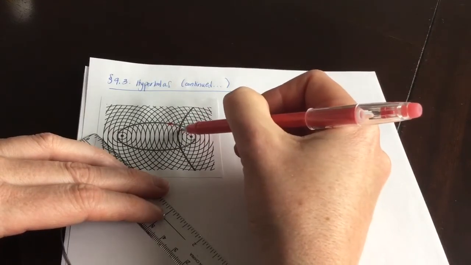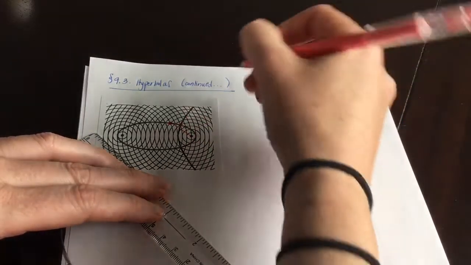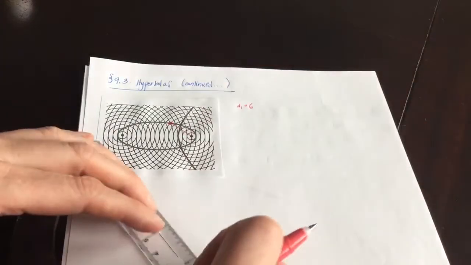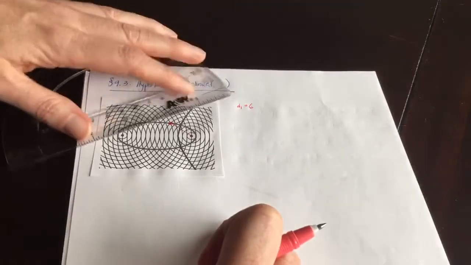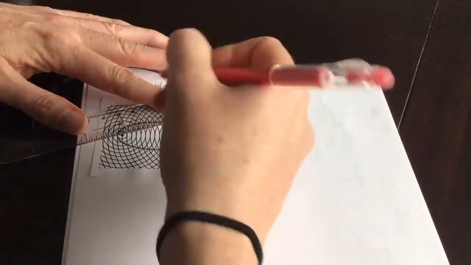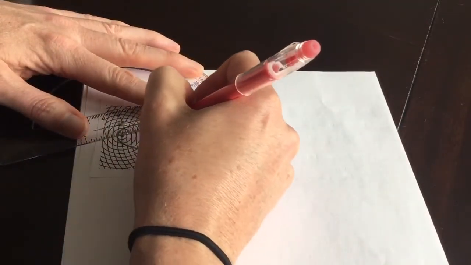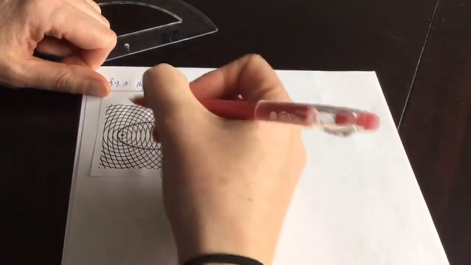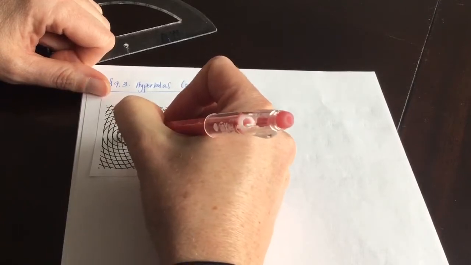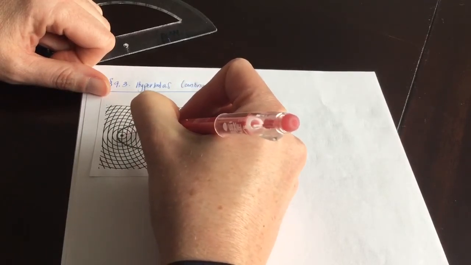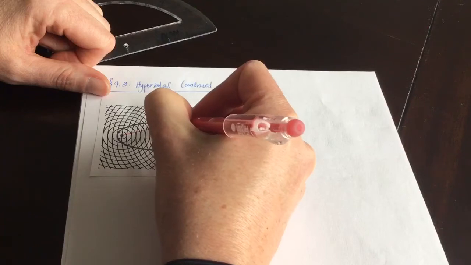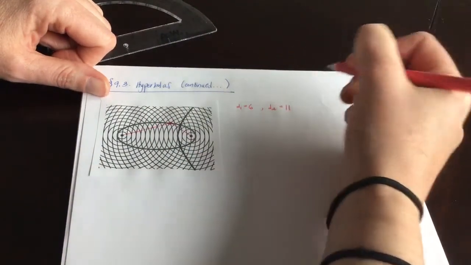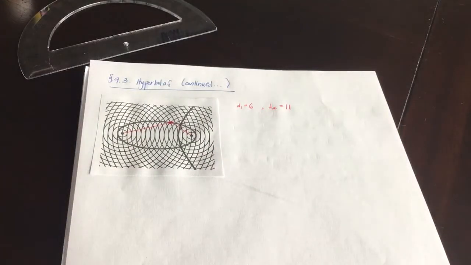So 1, 2, 3, 4, 5, 6. So I'd say distance 1 is 6. Then I do the same thing with that point and the other focus, counting the distance, like 11. Okay, so I have 6 and 11.